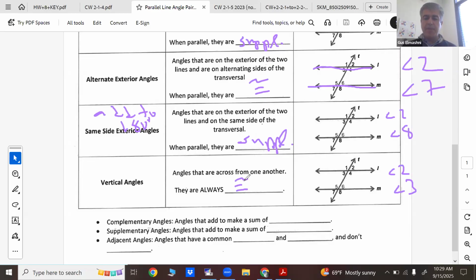Remember, complementary add to 90. Supplementary add to 180. Adjacent angles have a common vertex and side, and don't overlap.